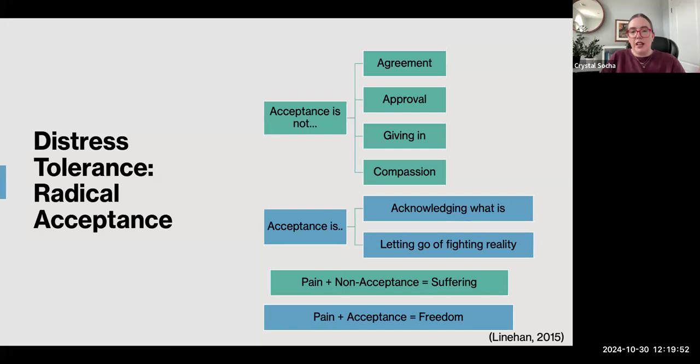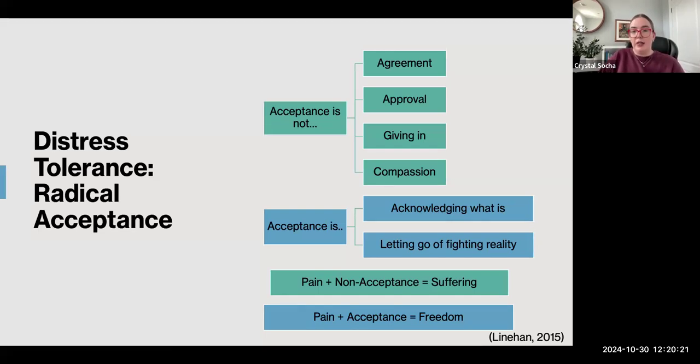I think people oftentimes feel frustrated: I can't radically accept this because I don't agree with it, or I don't approve of this, or if I agree with this, that means I'm giving in. Acceptance is not those things, and it's not having compassion for the horrible things that are happening. It might look like that, but acceptance really is acknowledgement. So I almost look at this as radical acknowledgement, acknowledging what is, letting go of fighting reality.